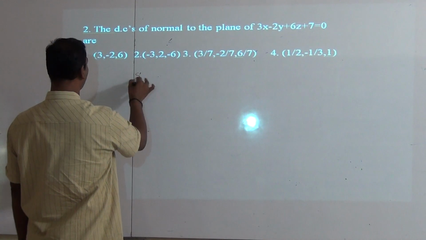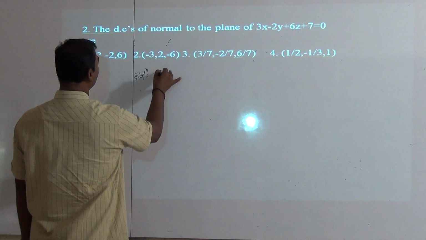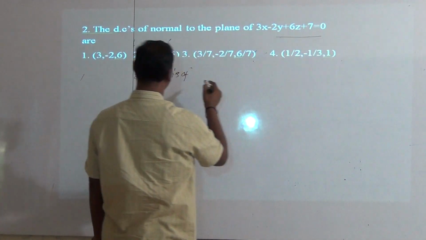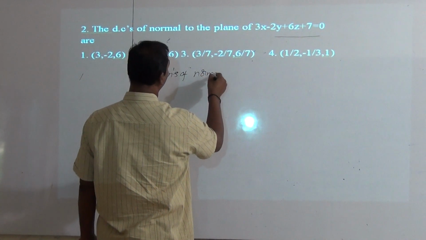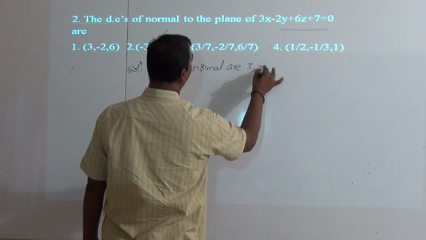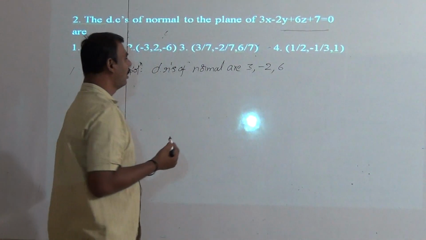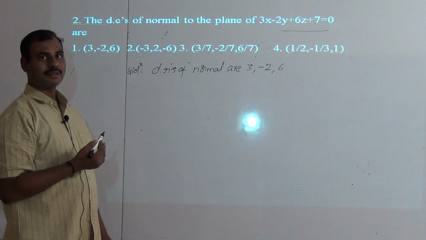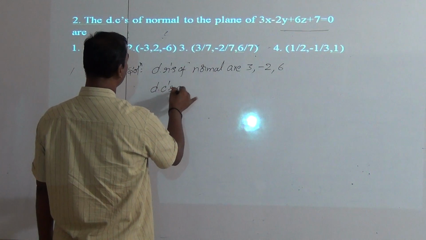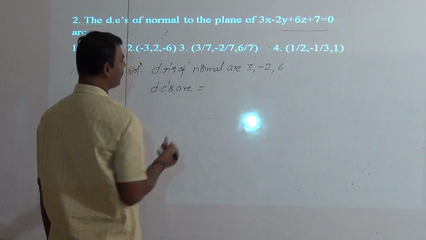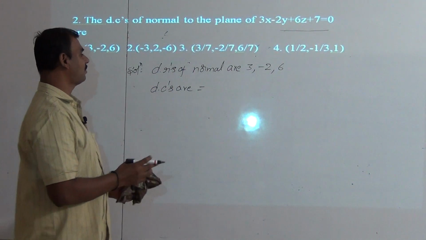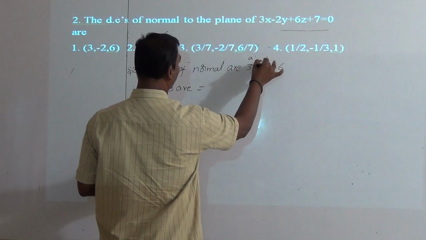The DRs of the normal are the coefficients, so we take 3, minus 2, 6. Once we know the DRs, we can easily find the direction cosines, DCs. We know the DC formula: a upon square root of a square plus b square plus c square, where these are a, b, c.